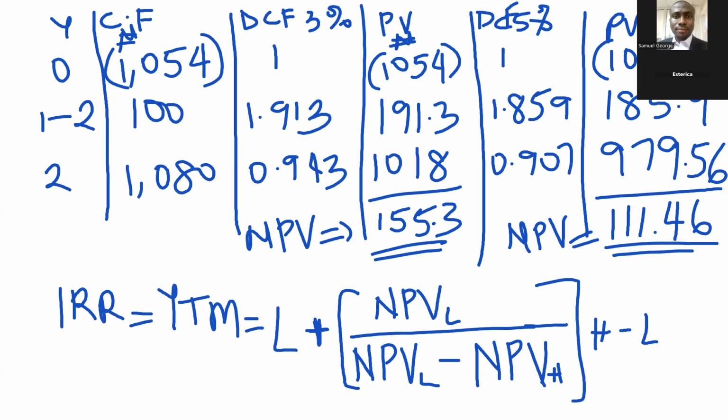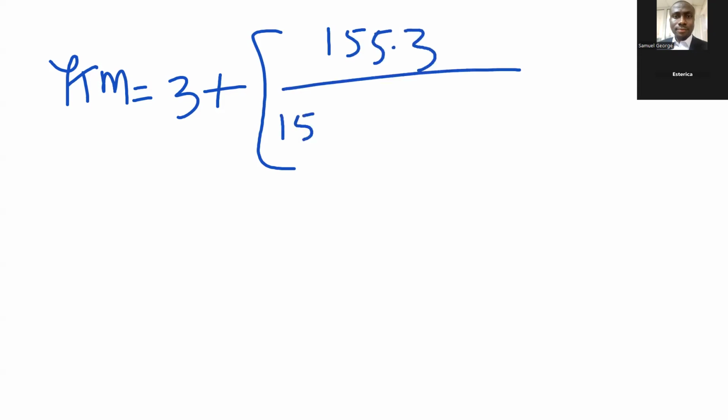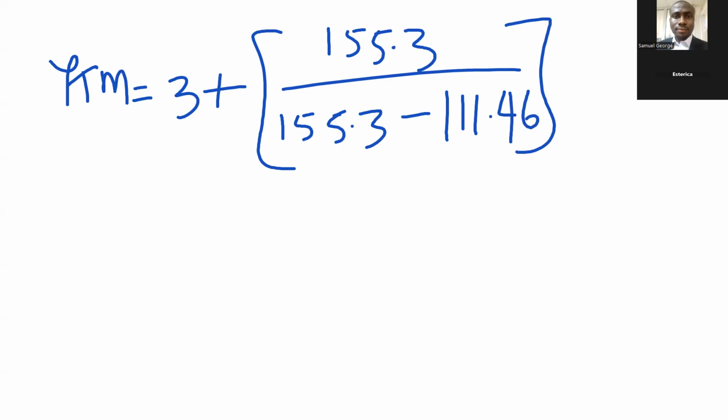Therefore, yield to maturity equals lower rate 3 plus 155.3, NPV of lower 155.3 minus 111.46. Multiply by higher rate 5 minus lower rate 3.